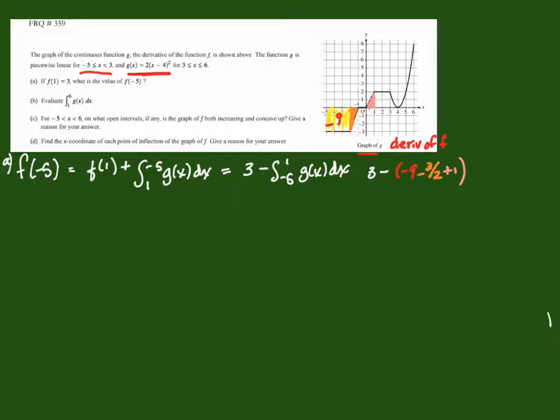So 3 minus -9.5 is, 6/2 plus 9/2. Oh, it's 19/2. Sorry. No, wait. Sorry. Yeah, that's 19/2. How did I get? Let's see. What did I forget?